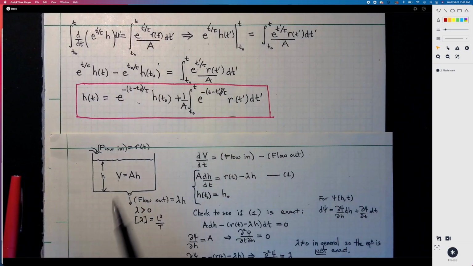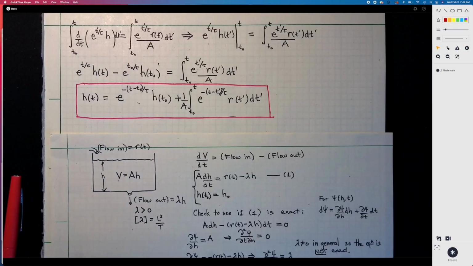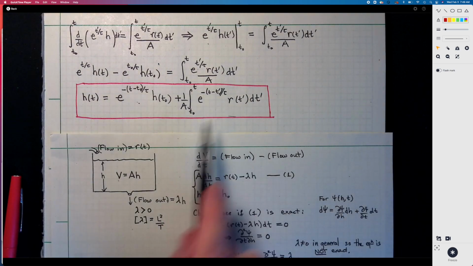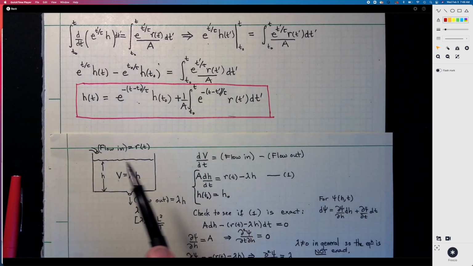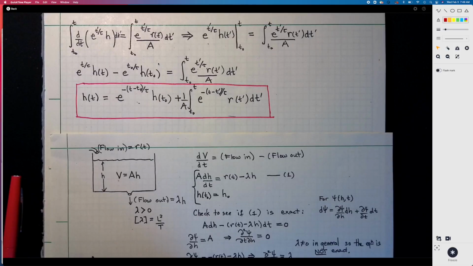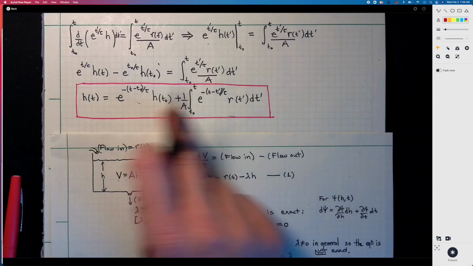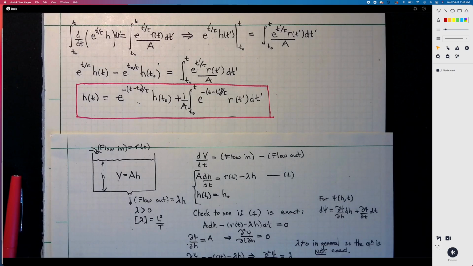So the way to think about it is that this is adding some water, changing the height, and then you let that decay. And the next time interval, you add some more water that changes the height, and then you let that decay. And because the original equation is linear, the form of the solution can be viewed as a superposition of solutions to the homogeneous part. And so anyways, this is the solution for the tank problem.